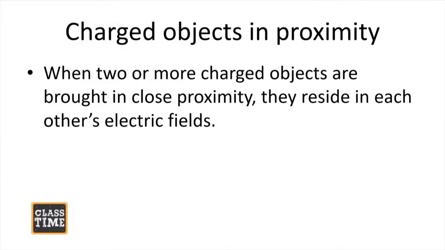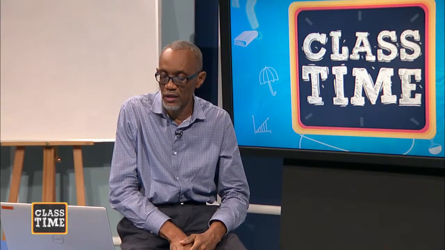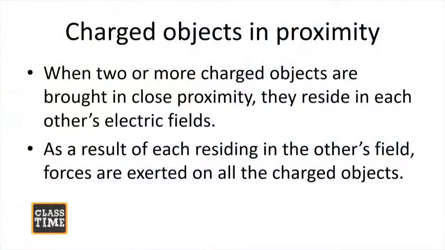So each charge is in the electric field of the other, and as a result forces are exerted on all the charged objects. I am in your field, so you exert a force on me. You are in my field, so I exert a force on you.